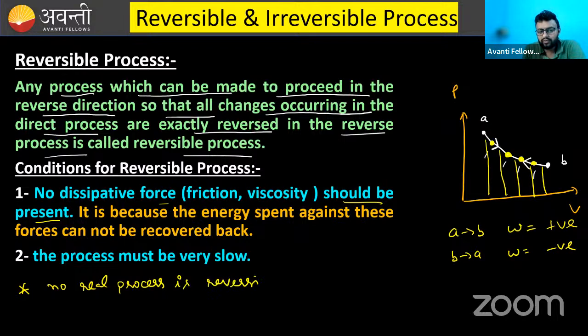Why so? Because you cannot eliminate the presence of dissipative forces. Whatever may be the situation, whatever may be the system, there must be some dissipative forces present. You cannot eliminate friction. You can minimize friction, but you cannot eliminate it. So no real process is reversible. That should be noted.